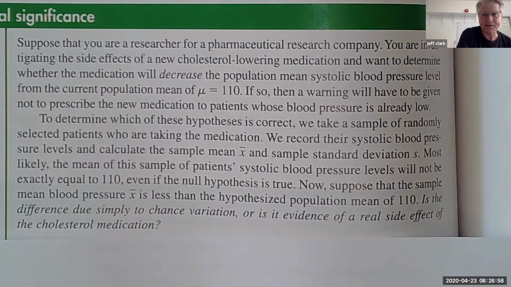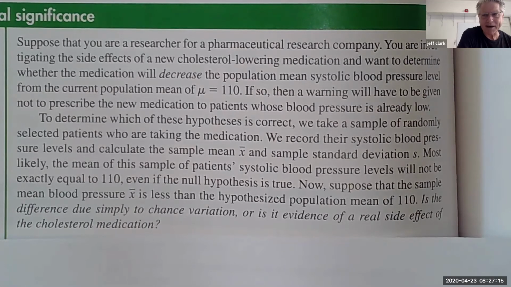So basically what this says is they've got data that the current average of all, you see mu, the blood pressure level currently is 110, and they want to see if they can come up with medication because it's still a little high, and they want to try to decrease that.